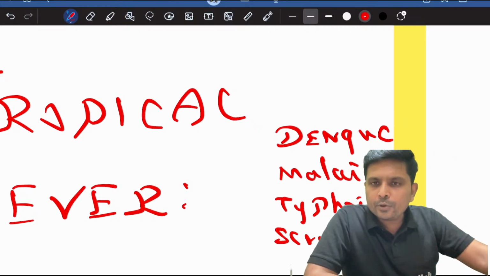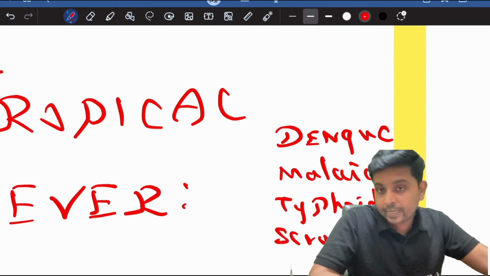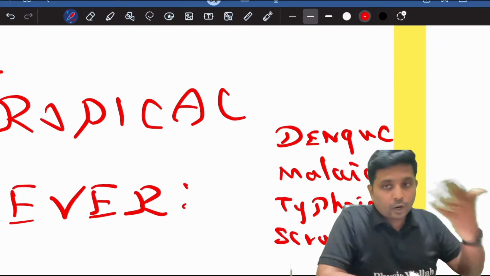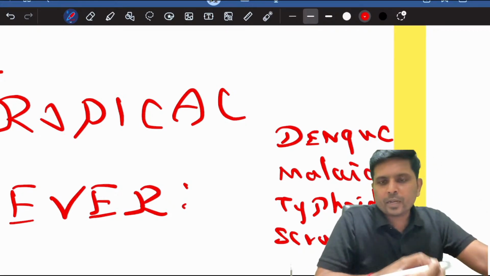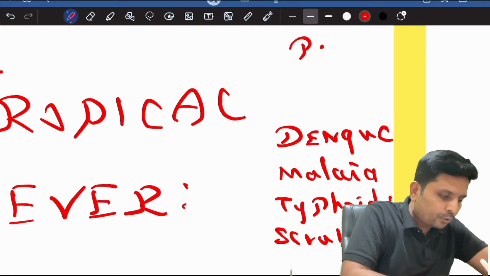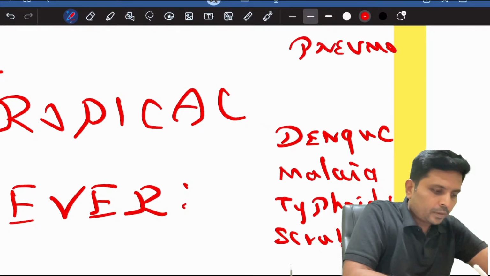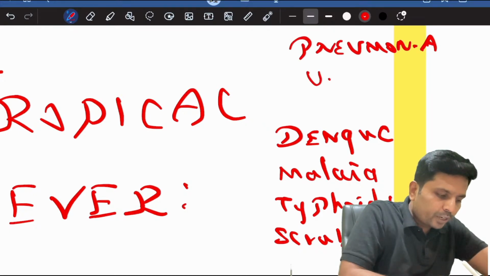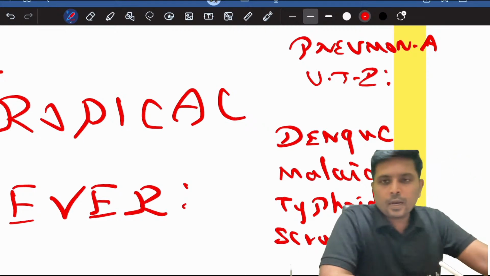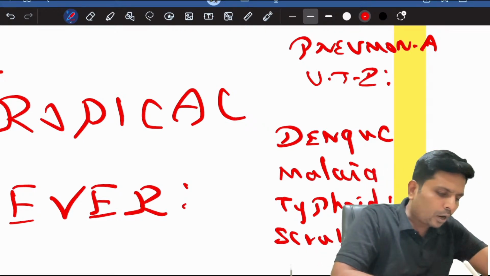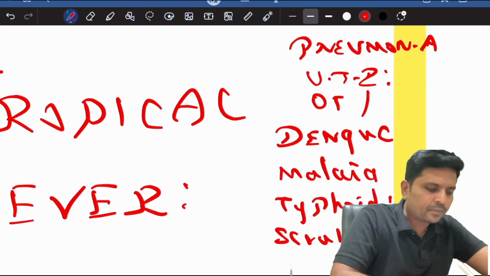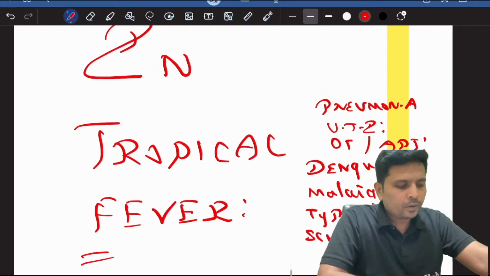Or it can be due to other non-tropical fever conditions, such as pneumonia, urinary tract infection, otitis media, or sometimes acute pharyngotonsillitis.